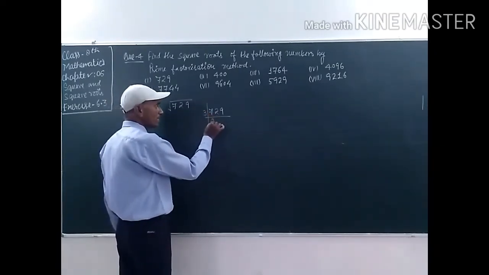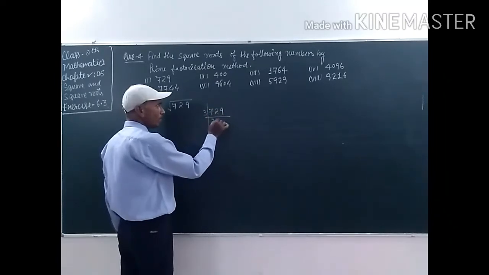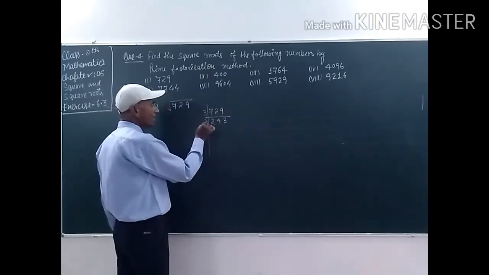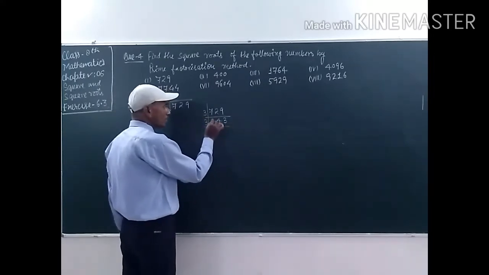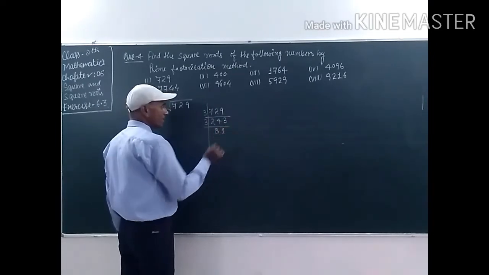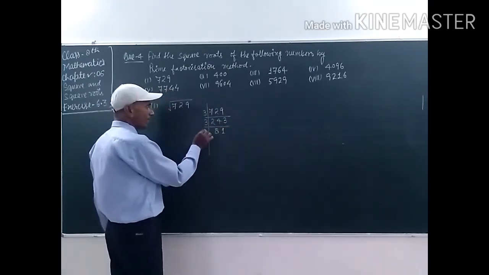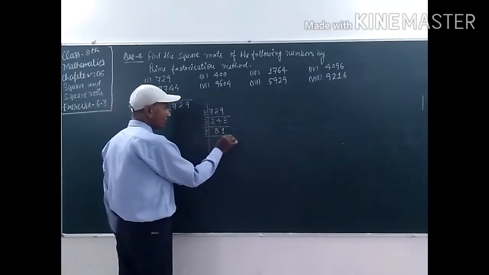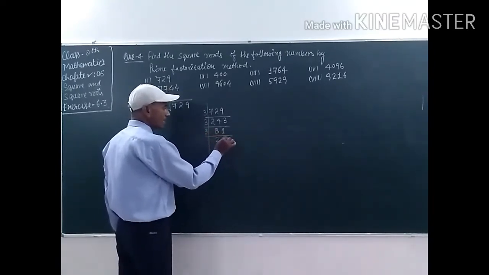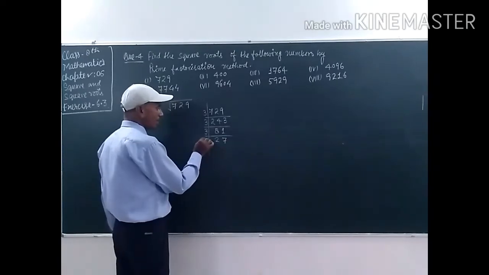3 twos are 6, 1 left, 12; 3 fours are 12; and 3 threes are 9. Again it is divisible by 3. So 3 eights are 24, and 3 ones are 3. This is 81. Now again it is divisible by 3. So 3 twos are 6, and 3 sevens are 21.